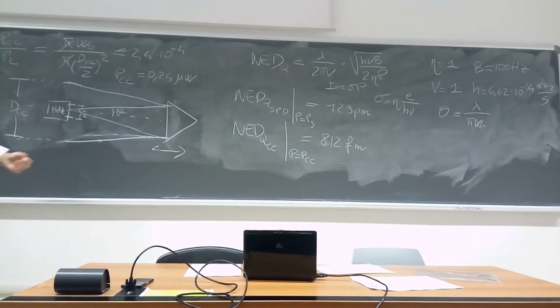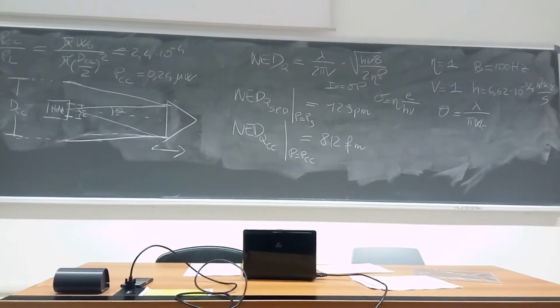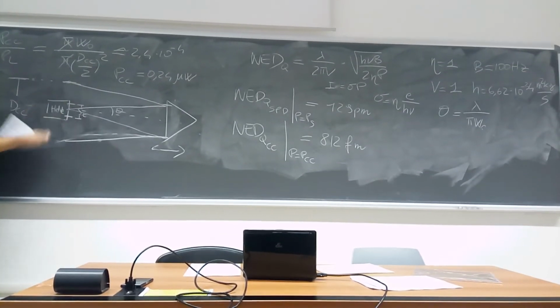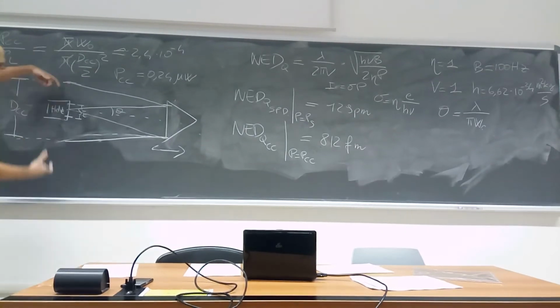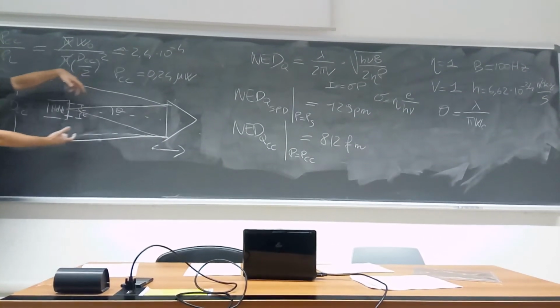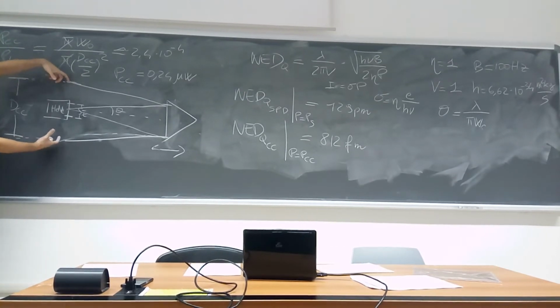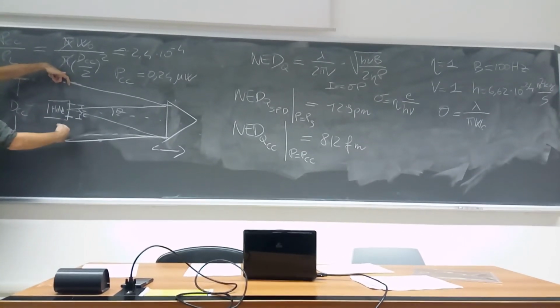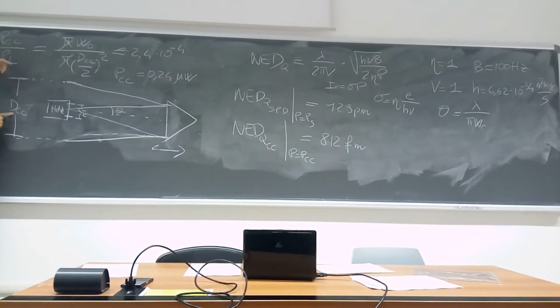Excuse me, do you mind explaining how we got the PCC? Ah, yes. It is exactly what happened in the telemeter, okay? So this is the big spot that is back reflected from the corner cube. The power emitted by the laser is now contained in a spot with a diameter given by DCC.